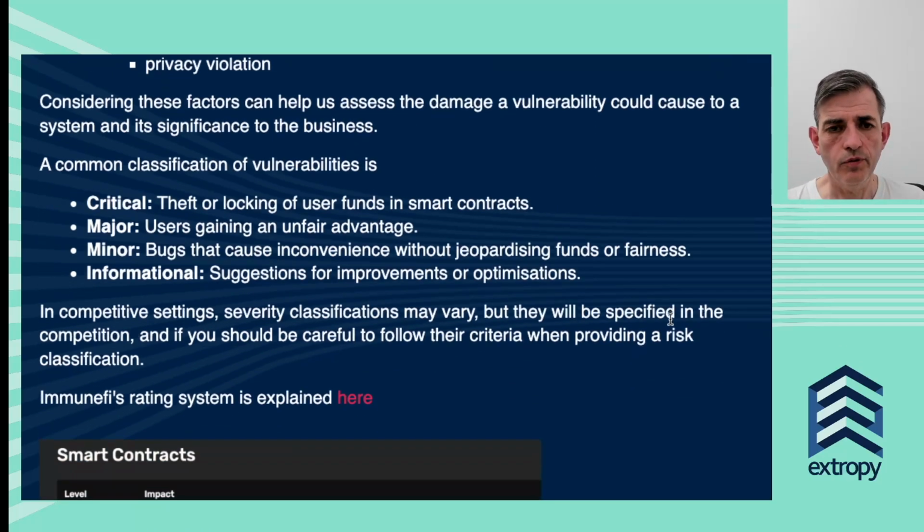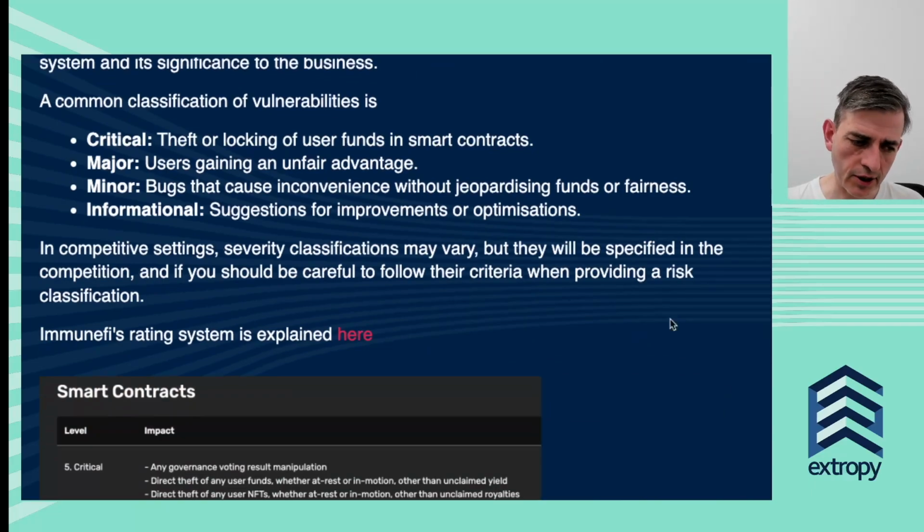And as I say, there's not necessarily an established set of categories, but they tend to look something like this. You may have critical, major, minor, and informational. There may be one more category, or you may have them named slightly differently.